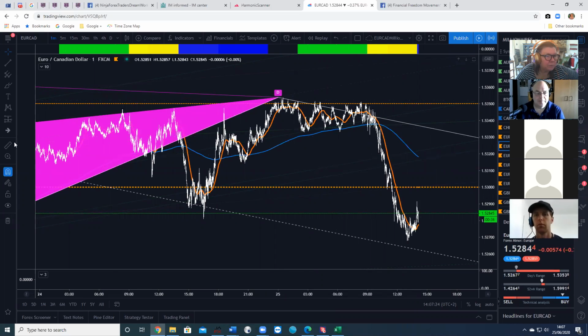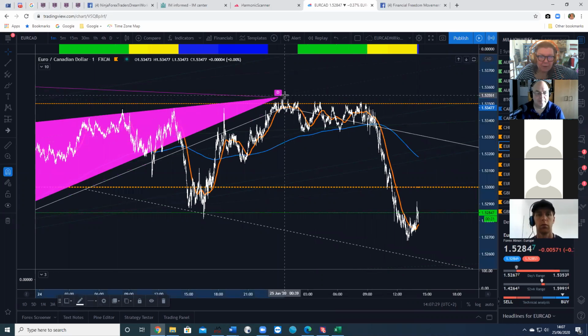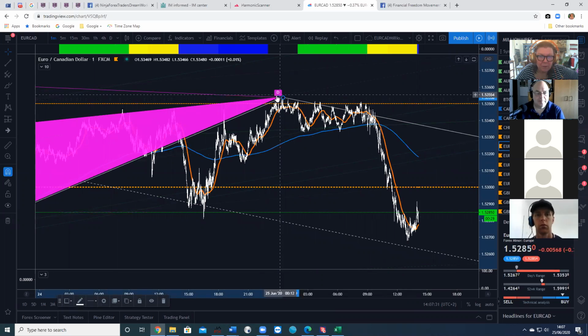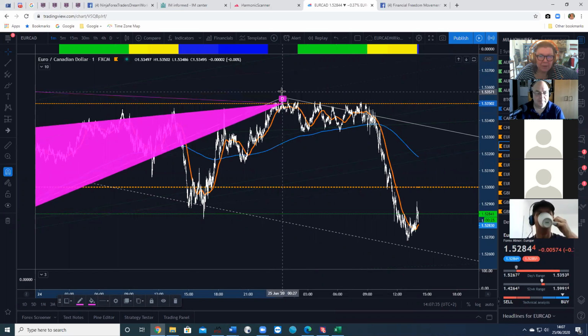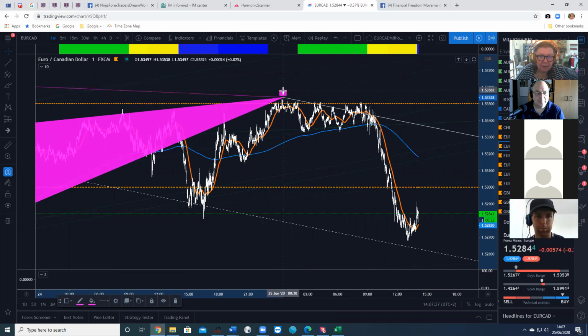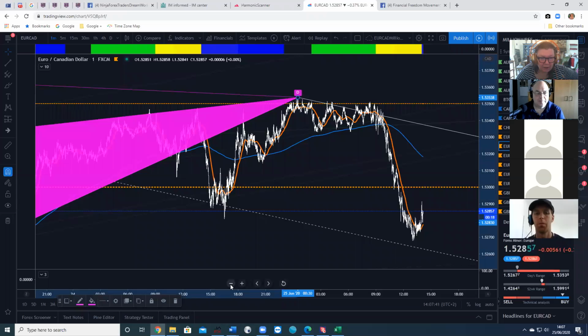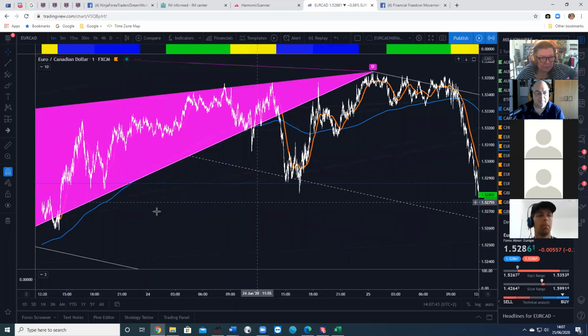So what we do is we come to the 1 minute, and this is how we get our precise entries for this 10 pip stop loss. And if we were on the hourly, we'd only have one candle, and there we are, we place it on the highest or lowest candle.